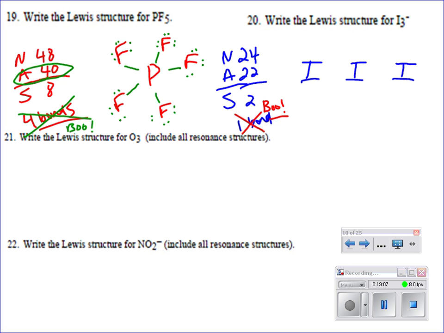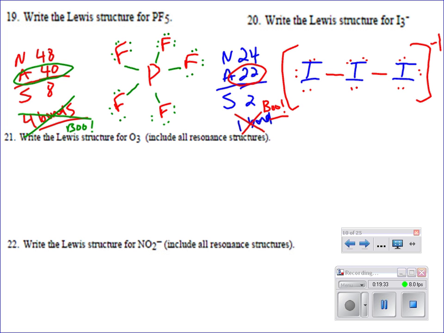So what I'm going to have to do is go to the available, connect everything to the center, and then fill out the outer I's. So that's 2, 4 for bonds, 6, 8, 10, 12, 14, 16. Now I take the rest and place them in pairs on the center. 18, 20, 22. There it is.